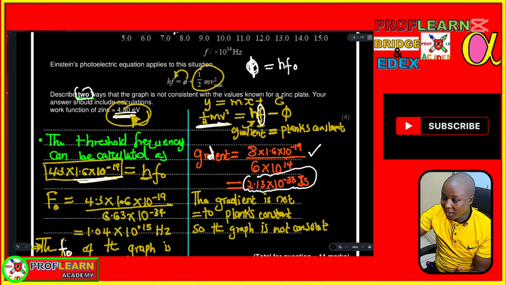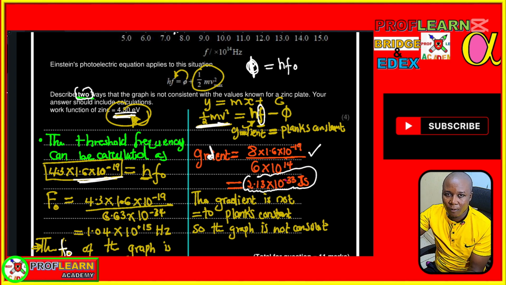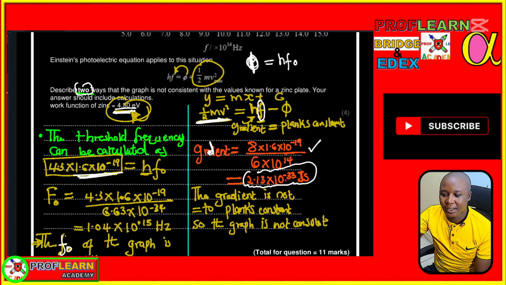This value is not anything close to 6.63 times 10 to the power negative 34, which is Planck's constant. So the gradient is not equal to Planck's constant. So the graph is not consistent with the zinc plate that we are told.